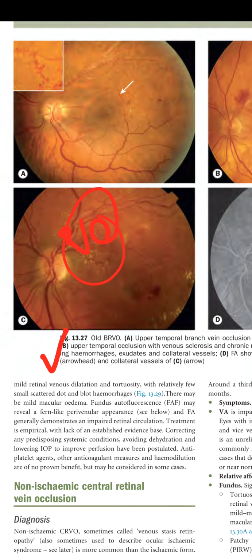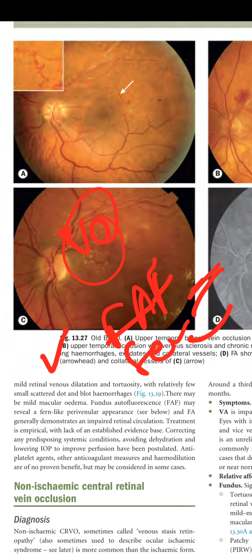Fundus autofluorescence may reveal a fern-like perivenular appearance, and FA generally demonstrates an impaired retinal circulation, meaning there will be delayed retinal filling.